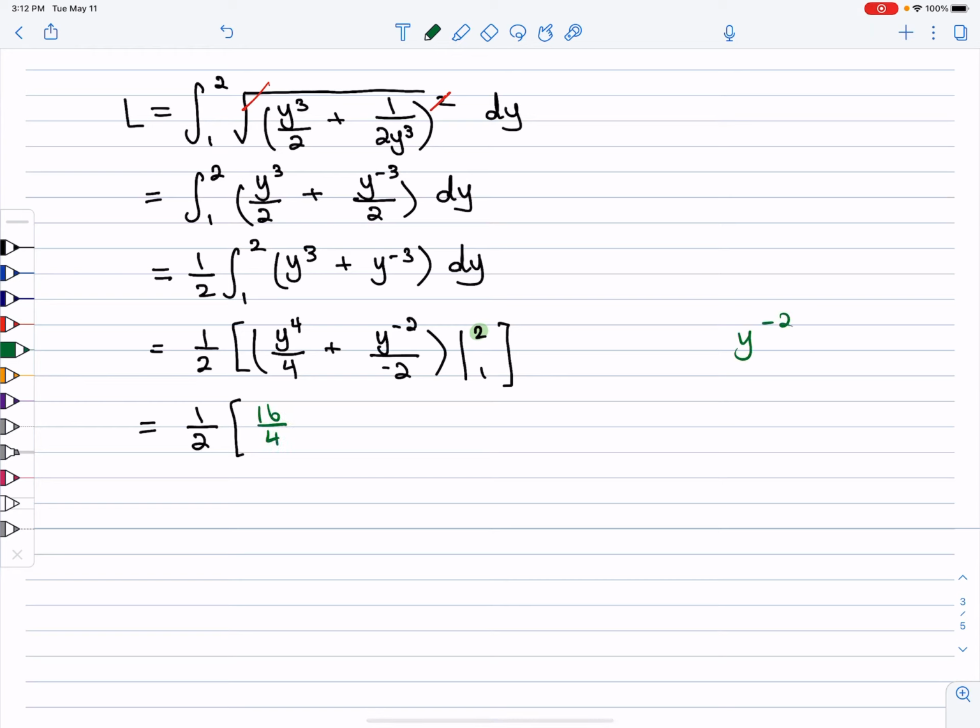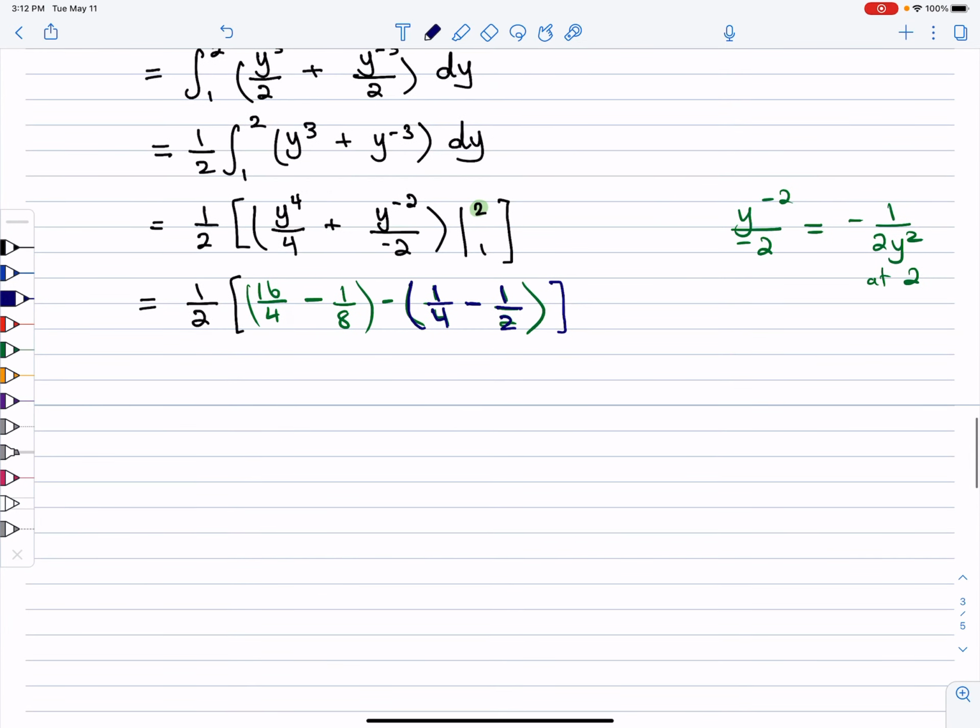Y to the negative 2 over negative 2 is really equal to negative 1 over 2y squared. So when you evaluate at 2, this right here becomes a minus 1 over 8. And then minus 1/4 minus 1/2, since you're evaluating at 1.